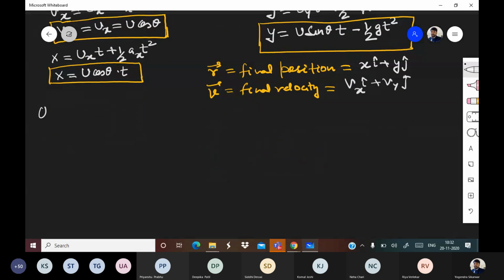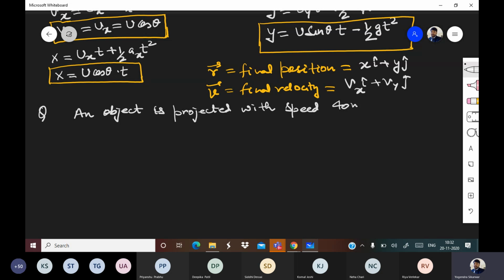Question. An object is projected with speed 40 meters per second, making an angle 53 degree from horizontal.